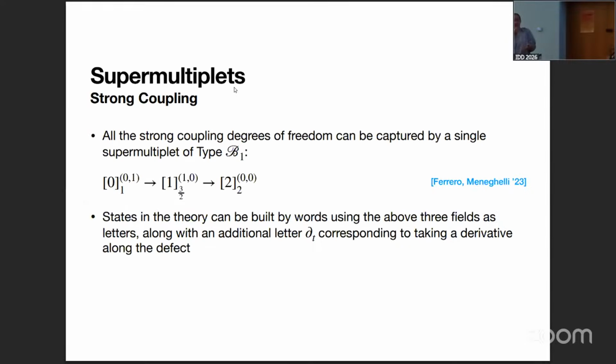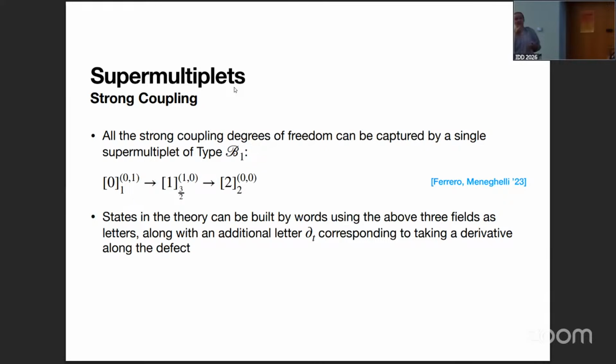However, at strong coupling, as was shown by Ferrero and Meneghelli, all our fields come from only one single supermultiplet, beta 1. So we have just 3 fields from which we construct our operators at strong coupling. These are the quantum numbers of these 3 letters: spin 0, dimension 1, and R charge given by Dynkin labels.